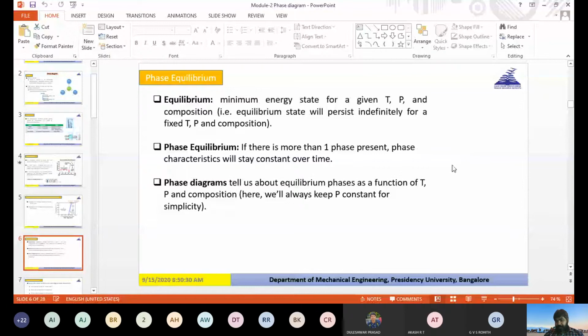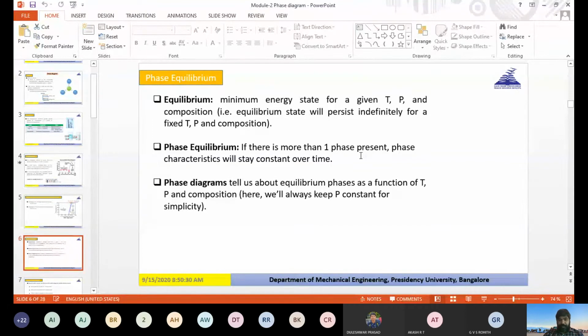But if you place this system in a refrigerator at 0 degrees Celsius, neither will the ice melt nor will the water freeze. Both phases are in equilibrium, ice-water equilibrium. The amount of ice that is converted into water, that same amount of water is going to convert into ice. That is known as phase equilibrium, because we are having more than one phase. Ice is one phase and water is one phase.